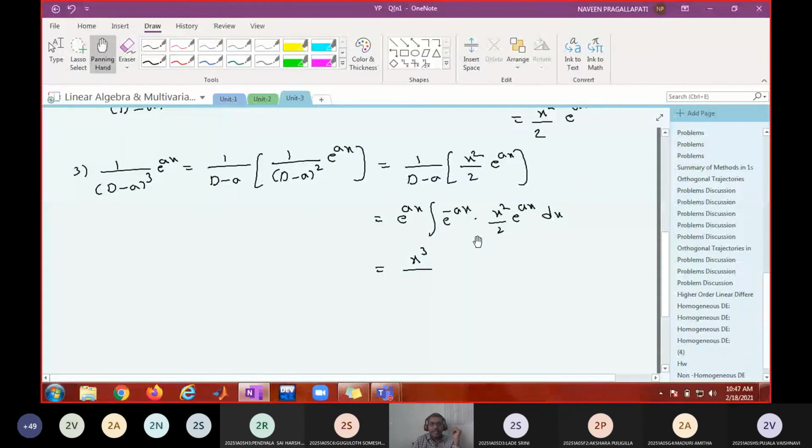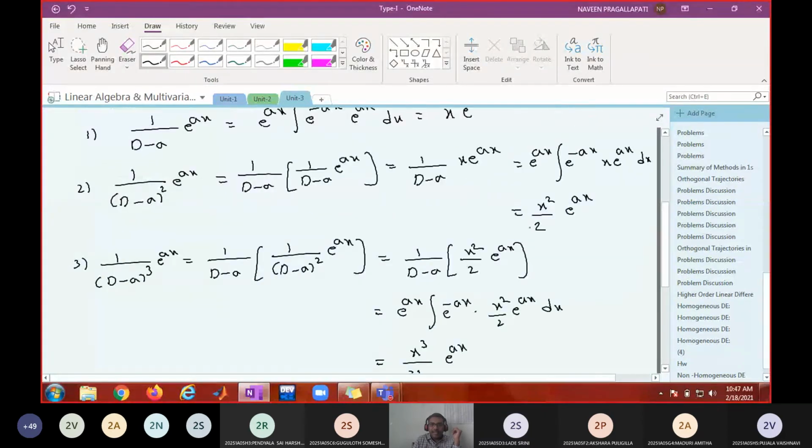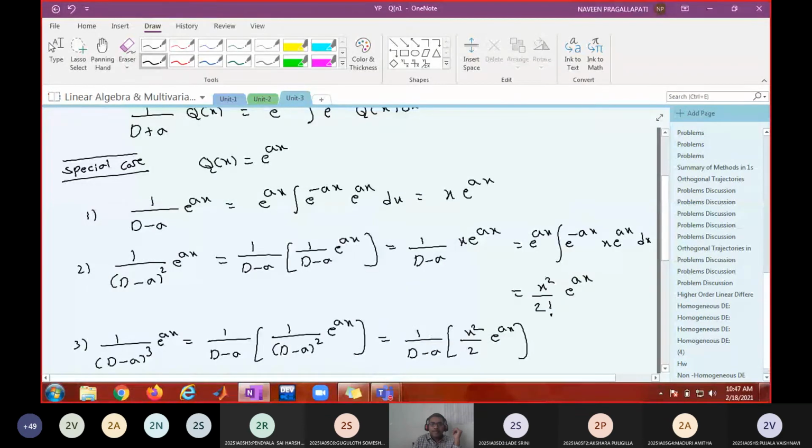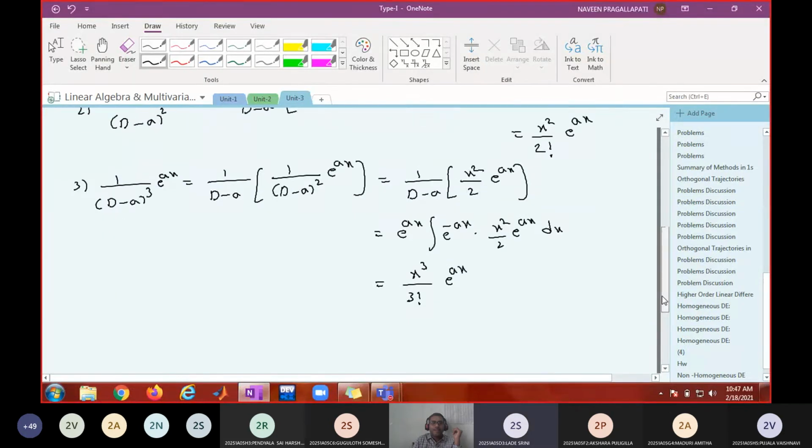So it is x cube by 3 into 2, that is 3 into 2 into 1. Can I write it as 3 factorial? Yes, sir. So the answer is x cube by 3 factorial e power x. Therefore, can I write the previous one as x power 2 by 2 factorial, and the one before as x power 1 by 1 factorial? Yes, sir.